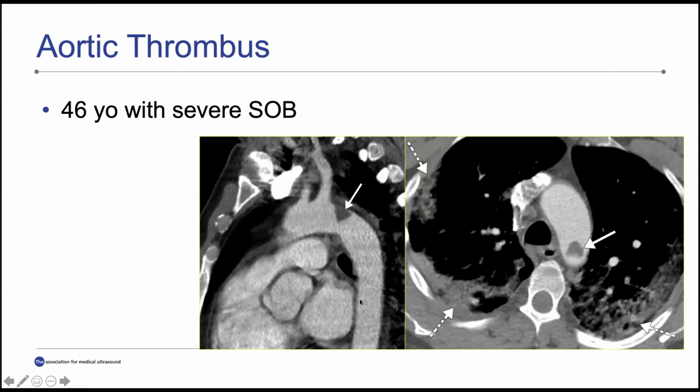And here we see the descending thoracic aorta. And we have this triangular filling defect, which represents a clot sitting within the aortic arch. It's an unusual appearance, not related to a dissection, but just from the clot settling in the aorta. And again, putting that patient at increased risk for distal embolization.